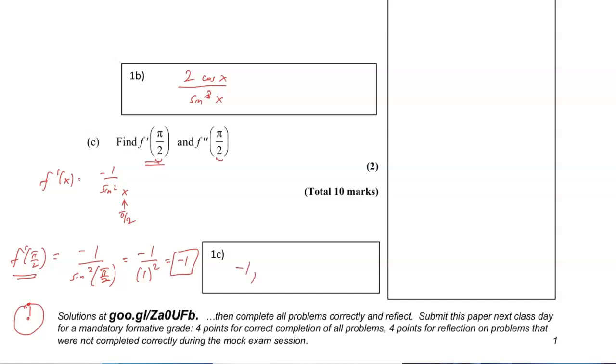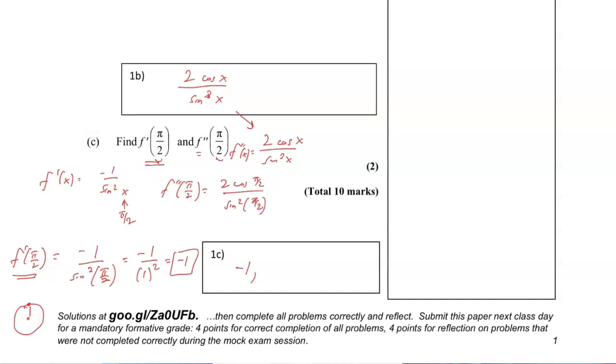That's that one. Let's do the second derivative. So the second derivative, remember, is this. So we're going to put 2 cosine x divided by sine cubed x. That is our second derivative. And then what we're going to do is put in pi over 2 for the x value. So it's going to be 2 cosine pi over 2 divided by sine cubed pi over 2.